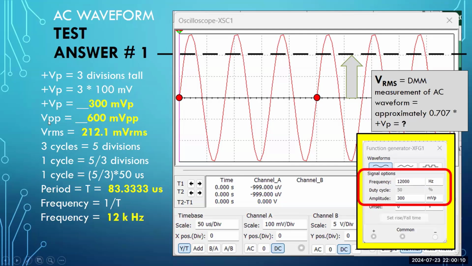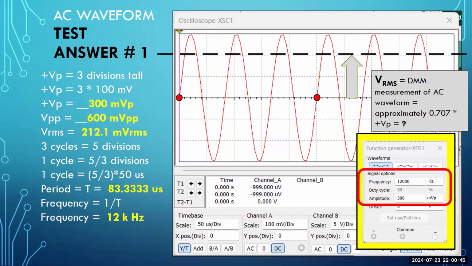And what is the volts peak to peak? Well, we said much earlier that the peak to peak is simply the doubling of the positive volt peak. So if the positive volt peak is 300 millivolt peak, then double that will give you your volts peak to peak, 600 millivolts peak to peak. The next question is your VRMS, and the VRMS is what your digital multimeter will be able to display. The oscilloscope does not read the RMS value.